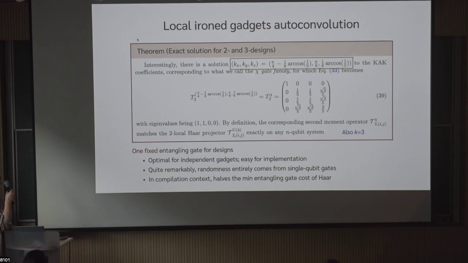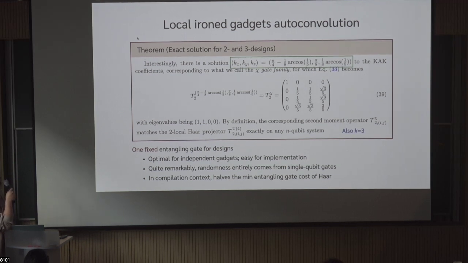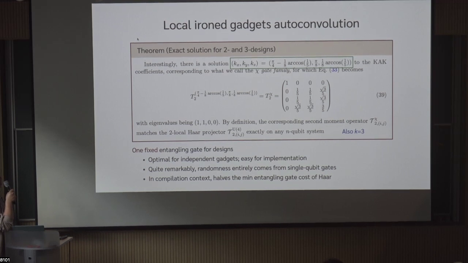Okay, so here is the first really interesting result, in my opinion, which is that this set of very specific three parameters, three KAK coefficients, gives us the exact solution of a second moment and third moment superoperator that has exactly the same spectrum as the Haar measure.